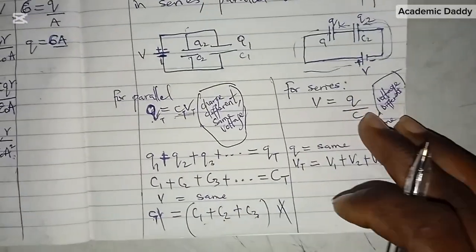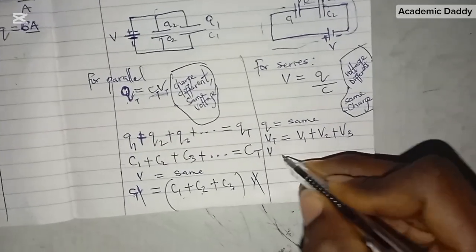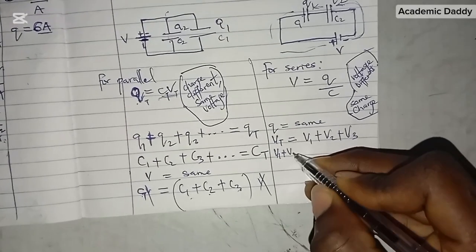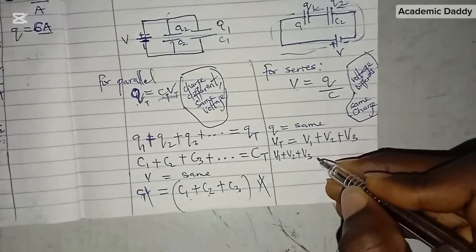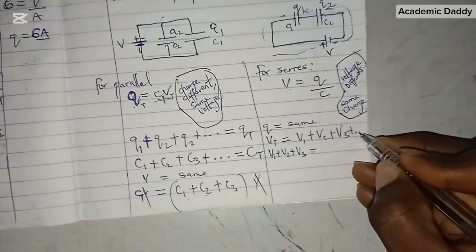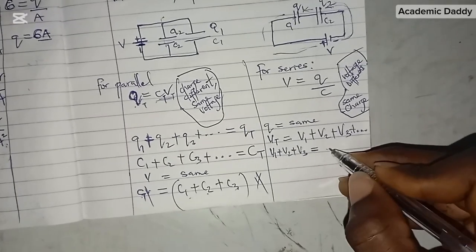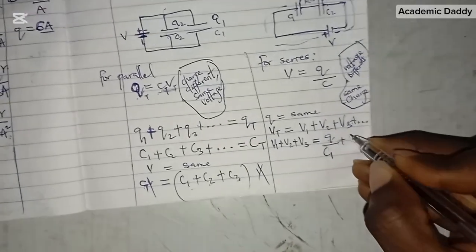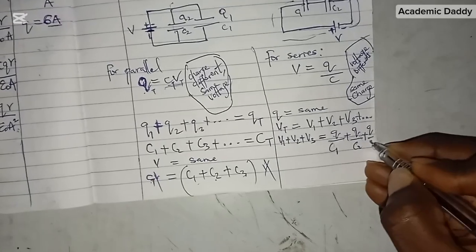Notice that V is given by Q over C. So I will have V1 plus V2, because it's different in this case, plus V3, plus dots, equal to total V. So this will now be Q over C1 plus Q over C2 plus Q over C3.